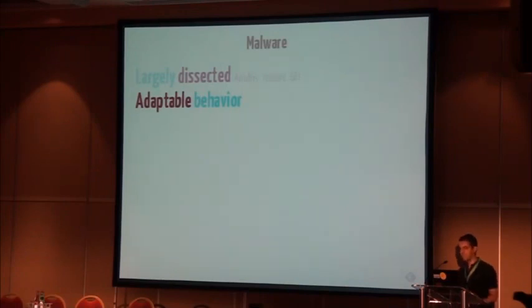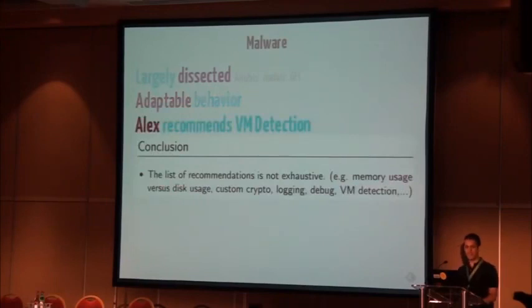If it's not, it will drop a backdoor, easy. Also, a few weeks ago, Alex at Stick recommended to malware writers a list of recommendations such as seek memory usage versus disk usage, use custom crypto, watch for logging, watch for debug, and VM detection. This is what we will do today.